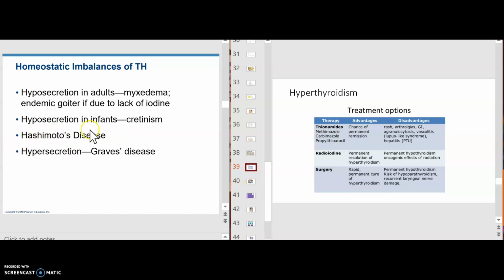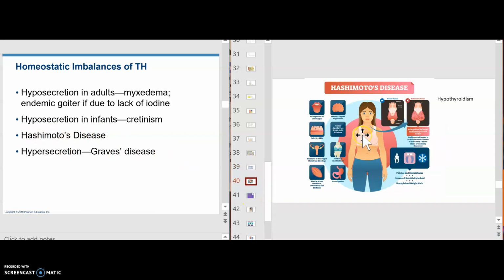Hashimoto's disease, I wanted to bring up. Hashimoto's disease is interesting. This is another autoimmune condition, but it is diametrically opposite to Graves' disease. Hashimoto's thyroiditis is inflammation of the thyroid gland, where the antibodies produced attack the thyroid gland, so it causes hypothyroidism.